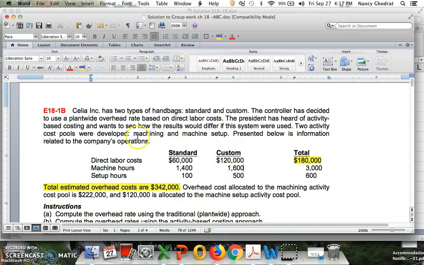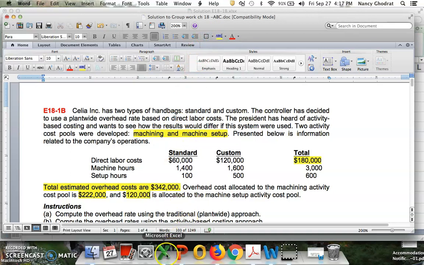They told us there are two activity cost pools, machining and machine setup. And they told us what is the amount of overhead for each cost pool. 222K for machining and 120K for machine setup.